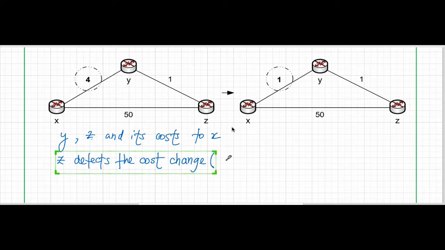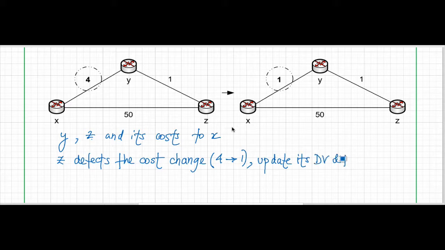Before it had a cost of 4, and now it has a cost of 1 to go to X. So what it's going to do is update its distance vector, and it's going to tell the neighbors about this new change from 4 to 1.